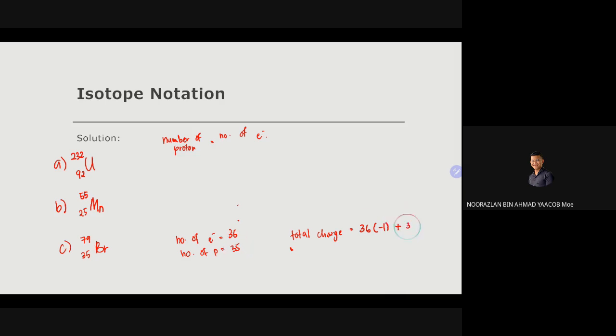Proton ada 35, positif 1. So negatif 36 tambah 35, kita akan dapat negatif 1. Dan kalau negatif 1, charge kita akan tulis negatif saja macam tu. So this is how we write it down. So this would be the answer.